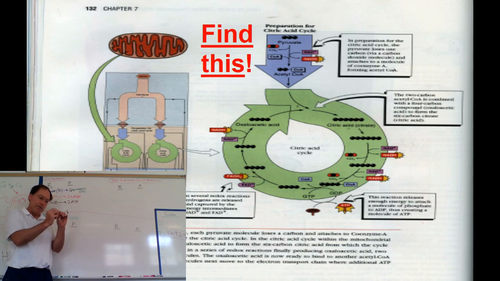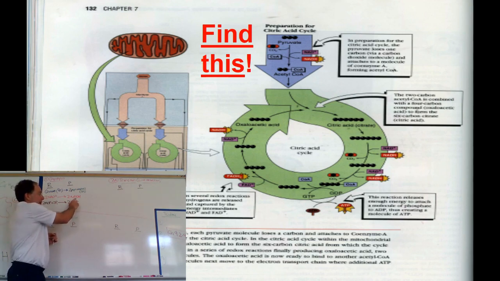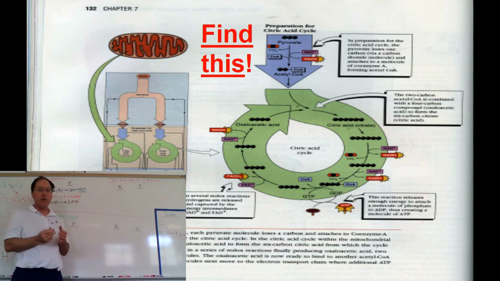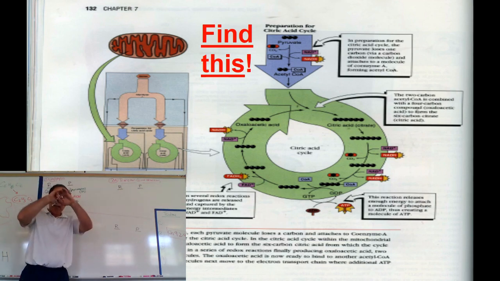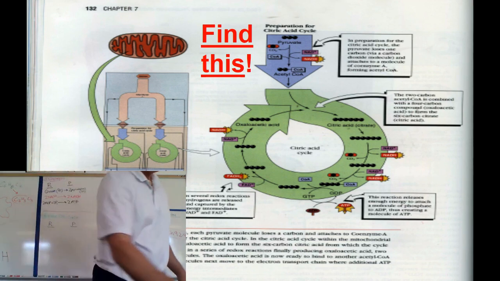We need to harness that, literally break this and harness that energy by carrying it in the temporary form of these reduced NAD and FADH molecules and take those to the electron transport chain. So the whole rest of the goal here, this picture and what you see on this board, is take this and break it down. At the end of this, there will be nothing left. And that's okay. We don't want anything left. We want to harness as much energy out of this as possible. So let's find this together.